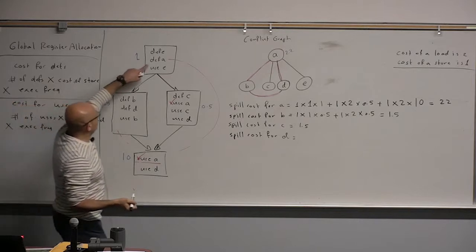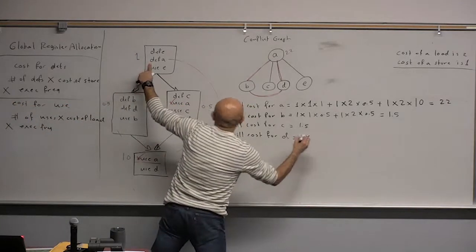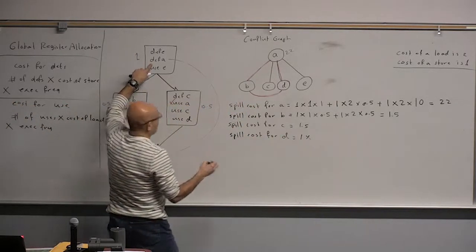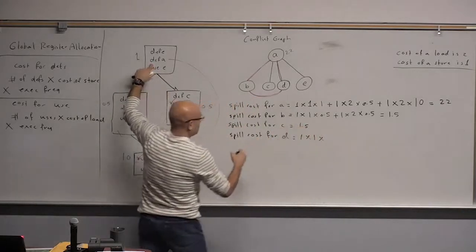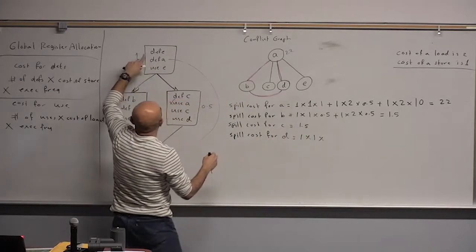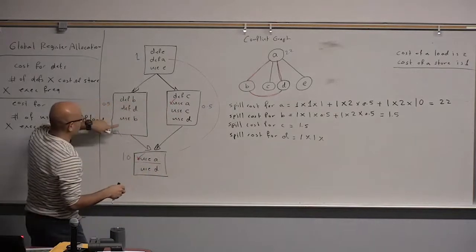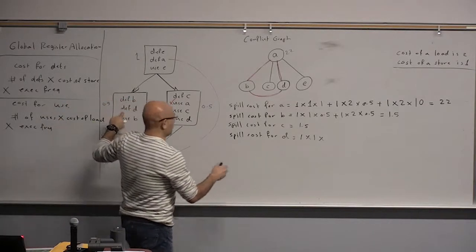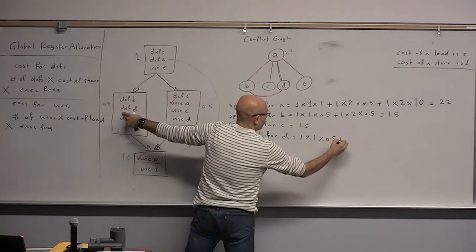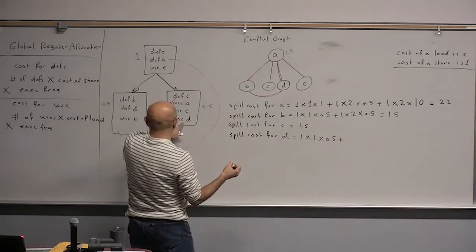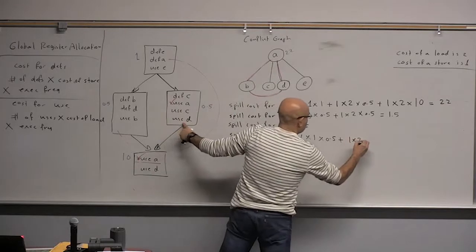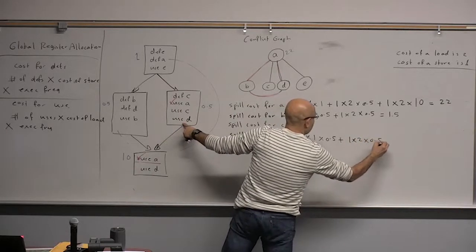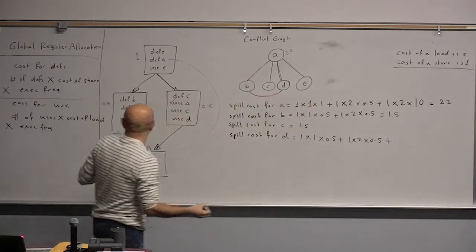There is a definition of D here, so it's 1 times 1 times 0.5. Sorry, I'm looking at A. So for D, there is a definition here, and there is a use of D here. So it's 1 times 2 times 0.5. I believe in the prior example, that should be a def.